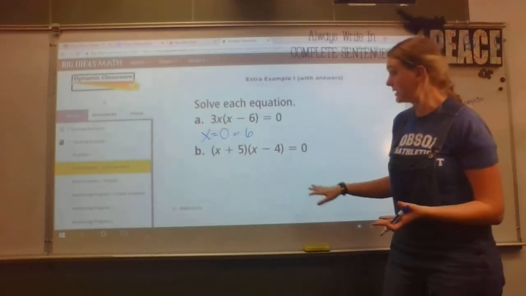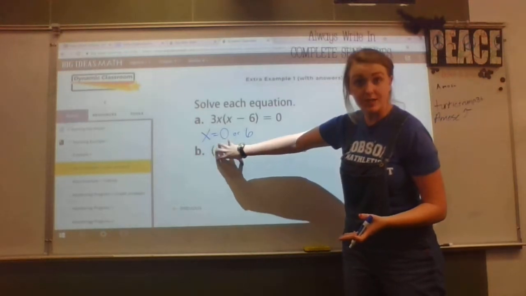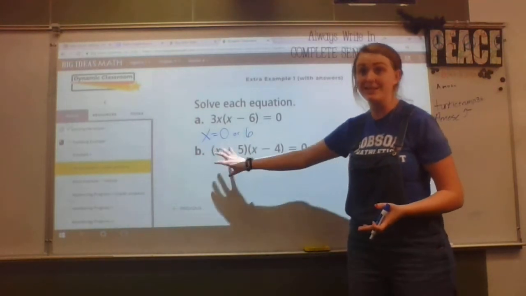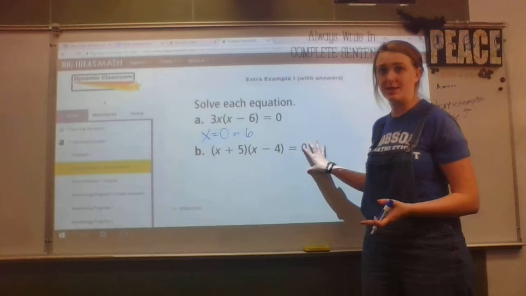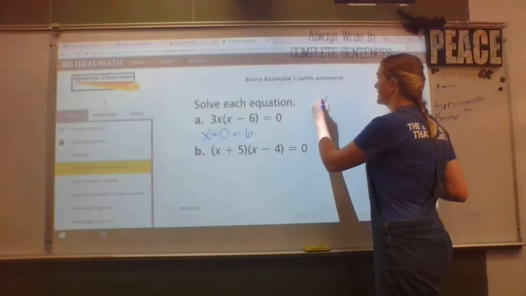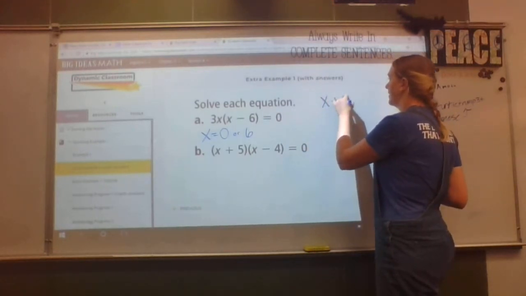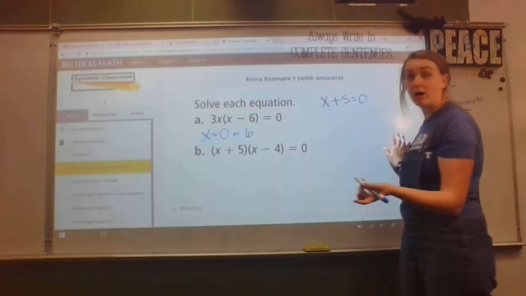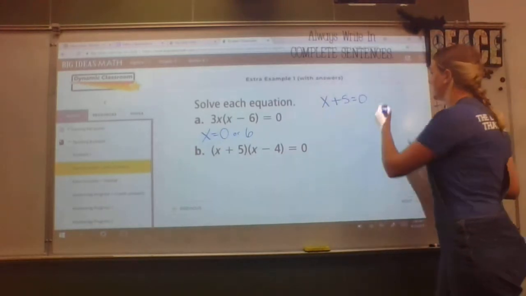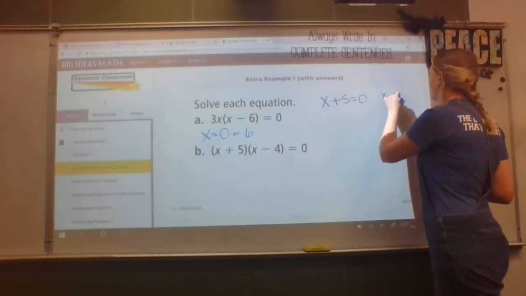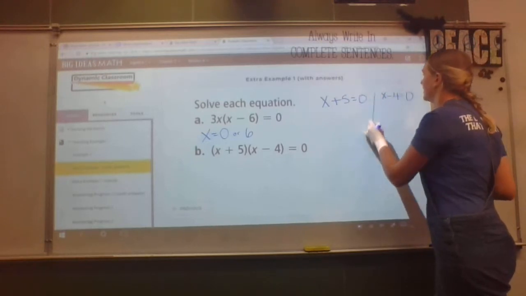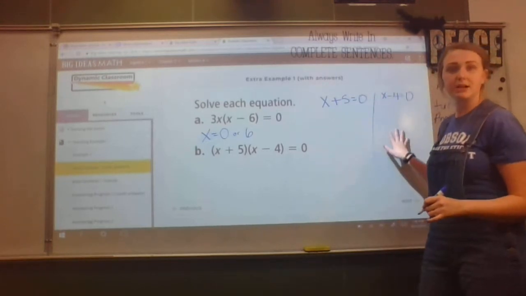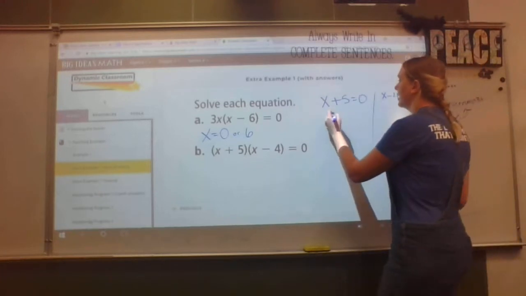So what we just talked about is as long as one of the terms is 0, I don't care what the other one is, because 0 times anything is going to give me 0 as my answer, which means that x plus 5 can equal 0, or, because there's pretty much always going to be two answers, x minus 4 can also equal 0. Here's my two ways I can get 0 as my answer. I'm going to solve them.